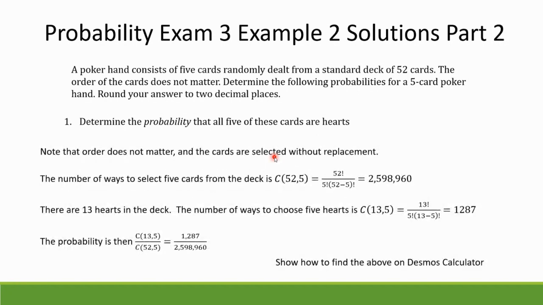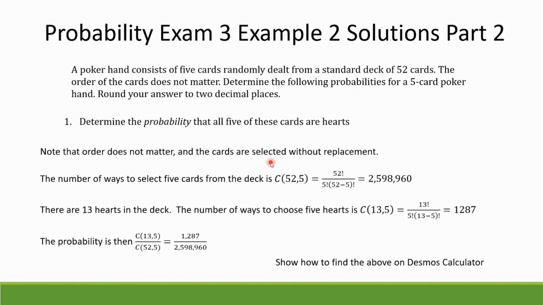So again, order doesn't matter, and as I said already, the cards are selected without replacement. That tells you to use combinations. So since we're finding probability, we want to know how many ways we can get 5 cards handed out to us.